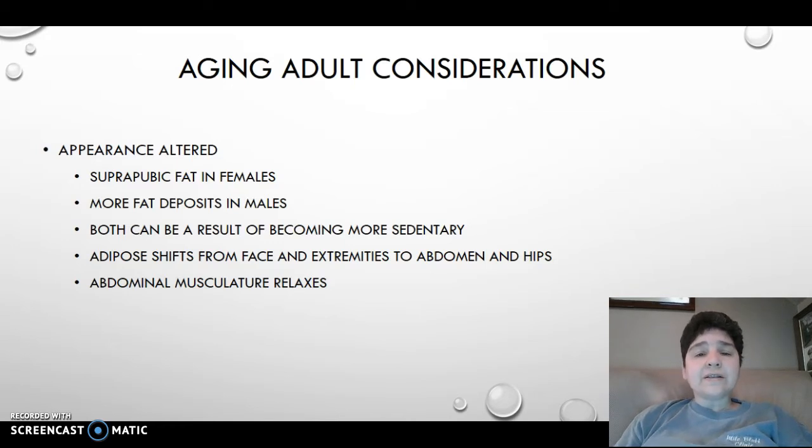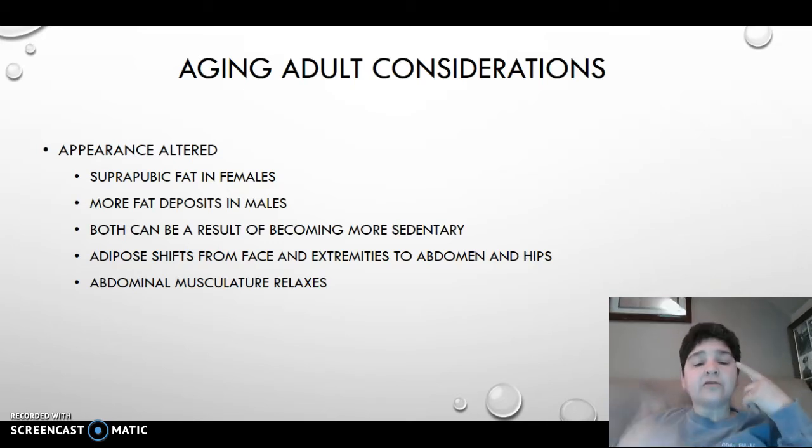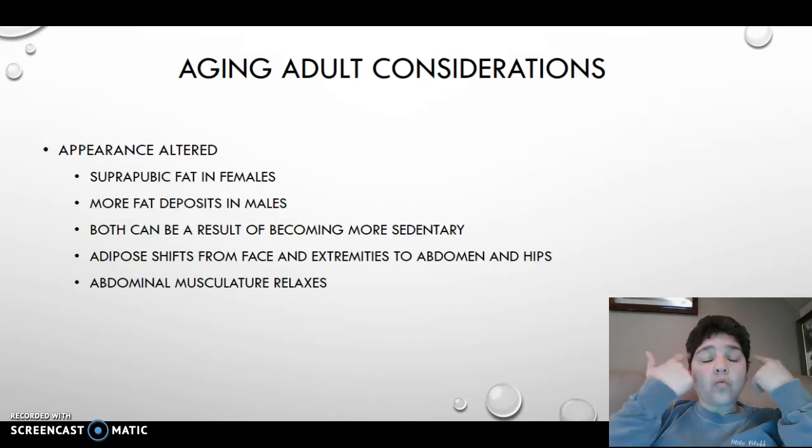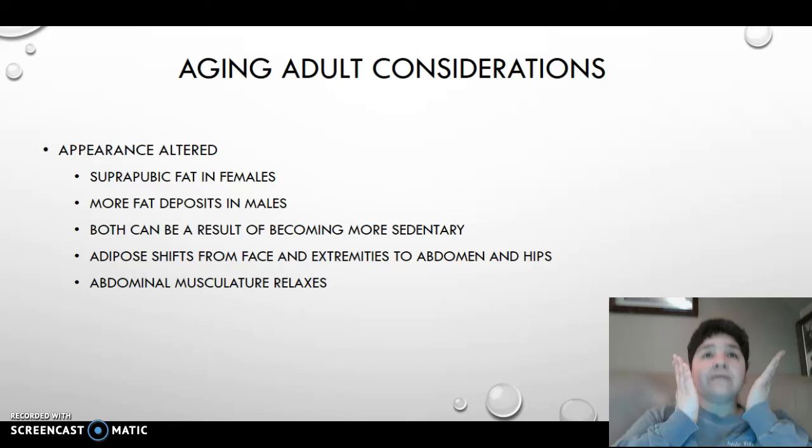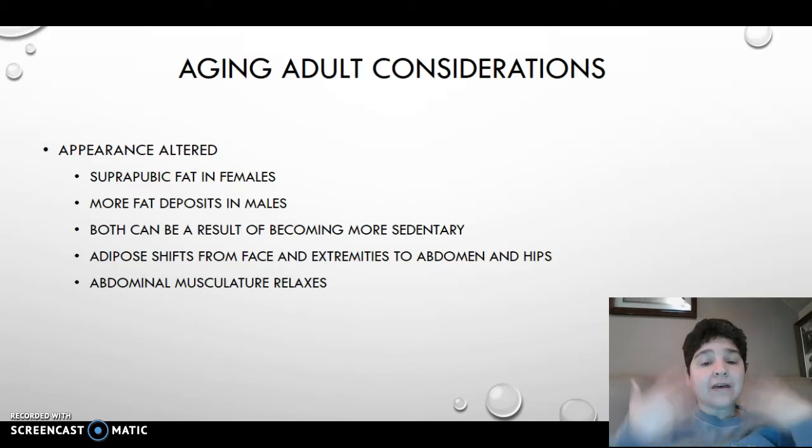As you see in the next sentence, it says that the adipose, or the fat, tends to shift from the face and extremities. So where we have a nice round face and it's nice and full and you don't have a lot of wrinkles, that fat in your face and in your extremities actually shifts down to the abdomen and the hips area.